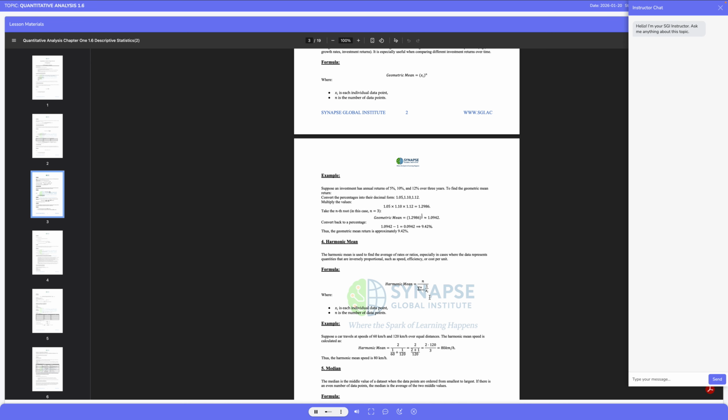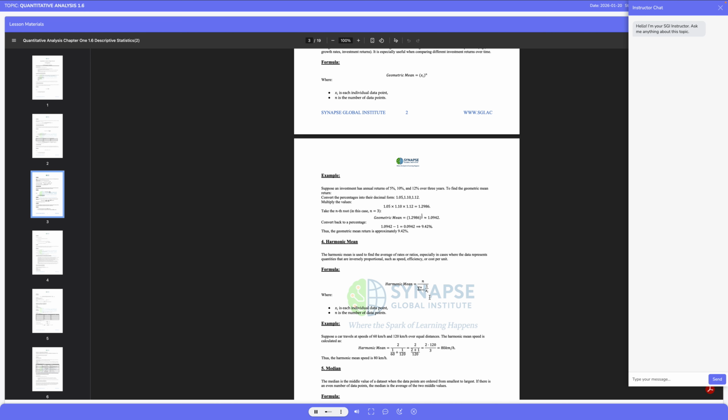Taking the cube root gives approximately 1.0942. Subtracting 1 and converting back into a percentage gives 9.42%. This means that the average annual return, taking compounding into account, is approximately 9.42%. In investment analysis, this measure is preferred to the arithmetic mean because it reflects the true rate at which wealth grows over time. We now consider the harmonic mean.